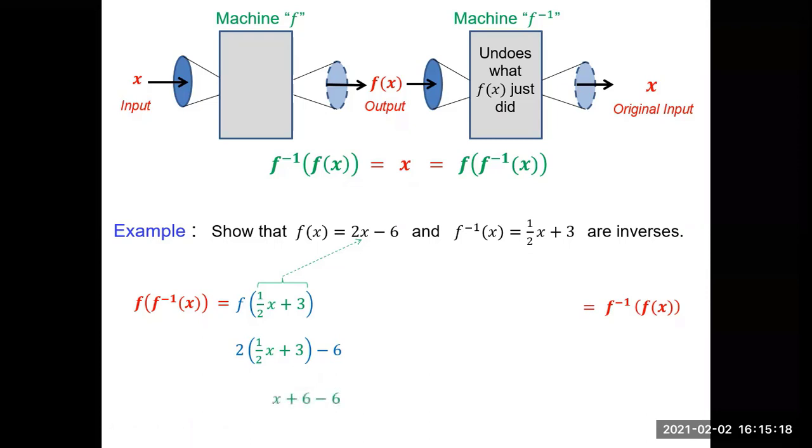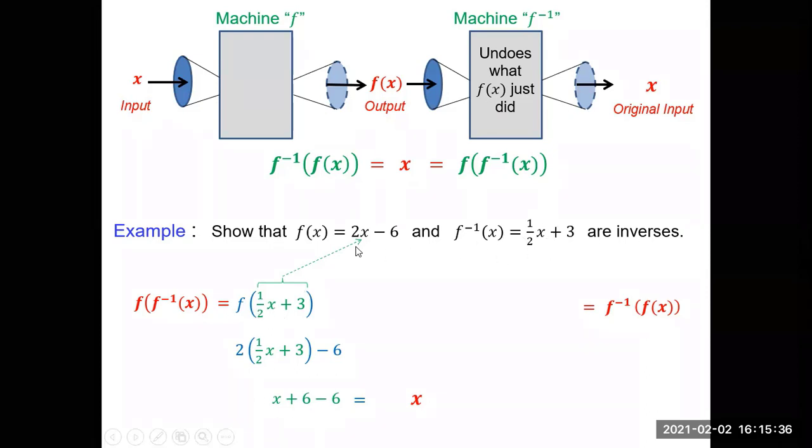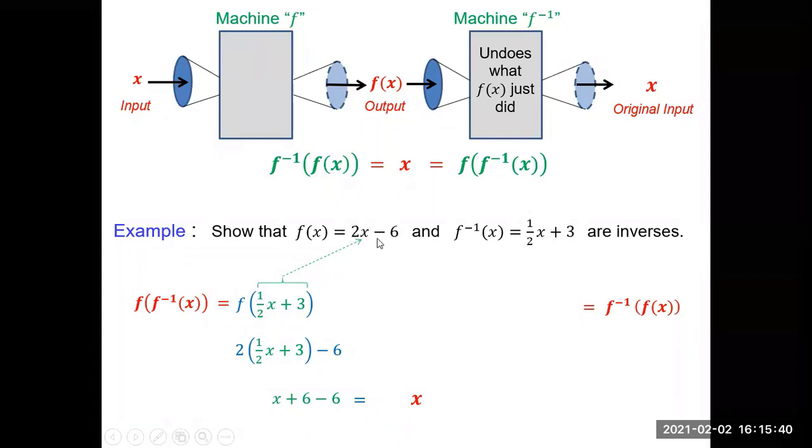And when we distribute, notice that gives us x plus 6 minus the extra 6, which gets me right back to what I started with, or the original input. Now we would think that these are inverses of each other, but all this shows us is that f inverse is the inverse of f. We want to determine if f is the inverse of f inverse.